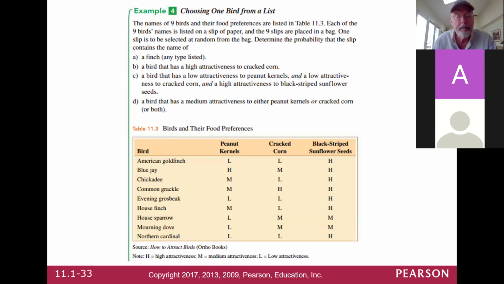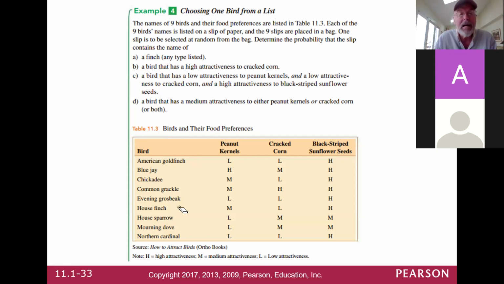Yep. Just to be clear, this one here is a finch, this one here is a finch. We're taking those 2 and dividing it by the total number of birds in the list.